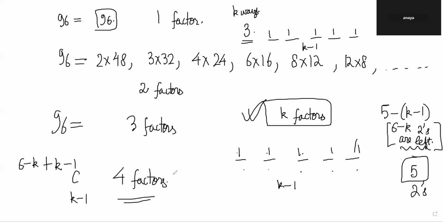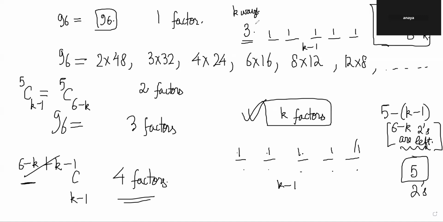So this becomes 5 choose k minus 1, or you can write it as 5 choose 6 minus k. That is going to be the same thing. Basically, that gives us how many ways we can put in the prime numbers so that we have k factors total. So the total possibility is k times 5 choose 6 minus k.